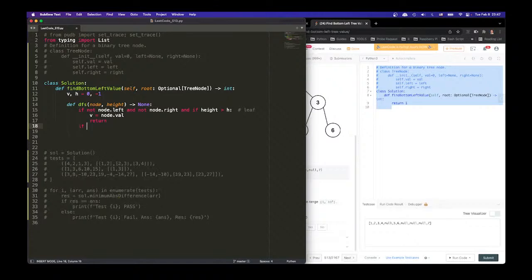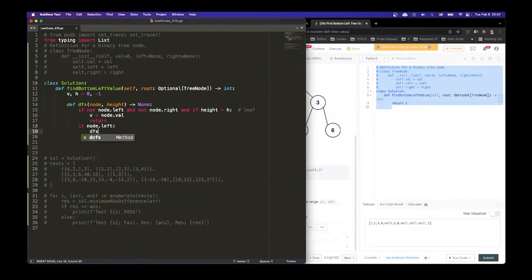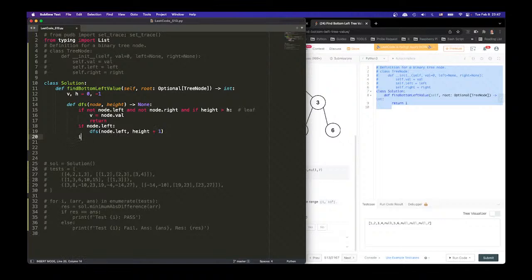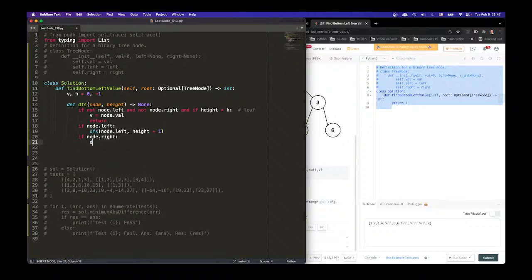Otherwise, we just say if node.left, dfs left, height plus 1, if node.right, then dfs right.